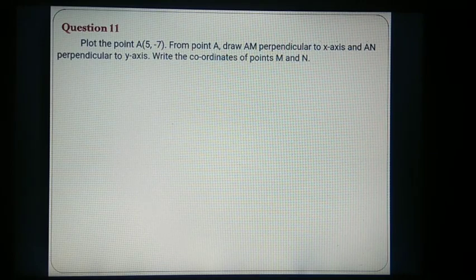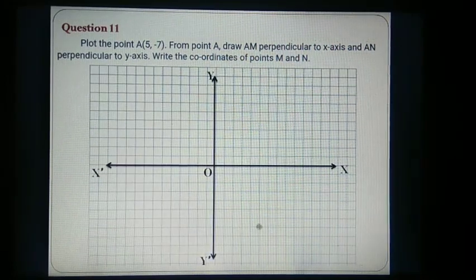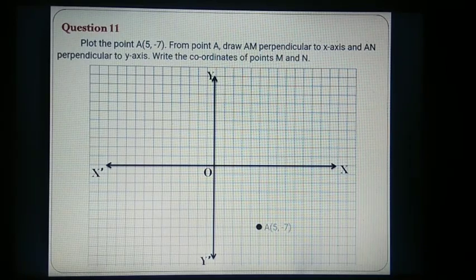Okay, so the next problem. Okay, so this is going to be the last problem for the day. So question number 11. So first you need to plot for 5 comma minus 7. So we'll do that first. So this is my 5 comma minus 7. Now from A you need to draw a perpendicular AM. Okay, draw AM perpendicular to x-axis.